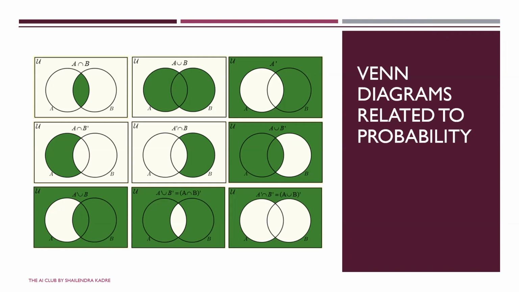Third row, last one. A dash union B dash means you have to find all the area except the common area. Except the common thing, you have to include everything.